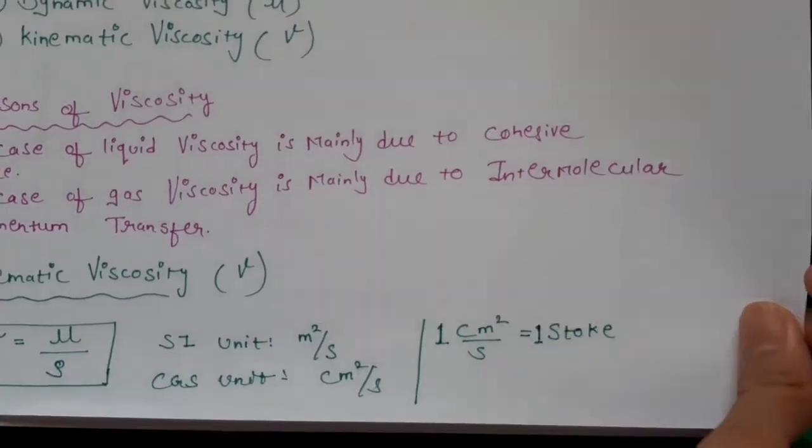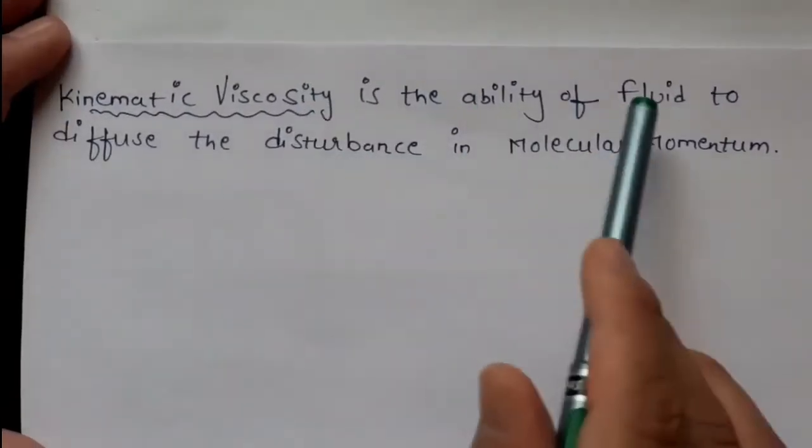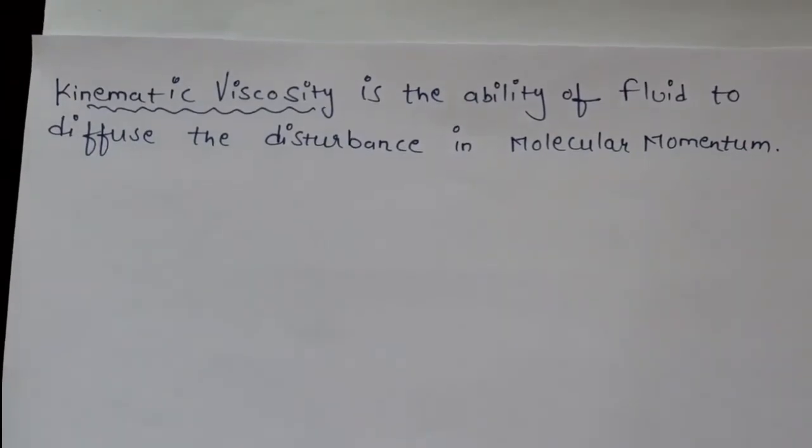Now what is kinematic viscosity? Kinematic viscosity is the ability of the fluid to diffuse the disturbance in the molecular momentum. For example, if we throw a stone in water and if we throw a stone in muddy water, in water there will be much more disturbance in comparison with the muddy water. That means there will be more disturbance in water and less disturbance in muddy water.